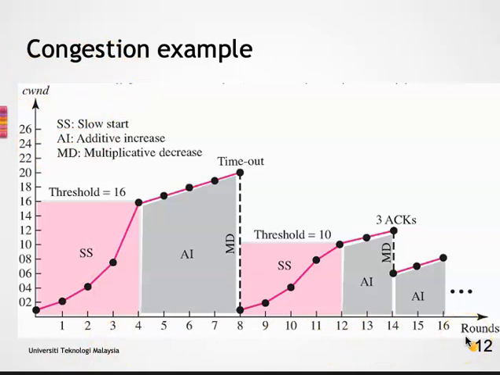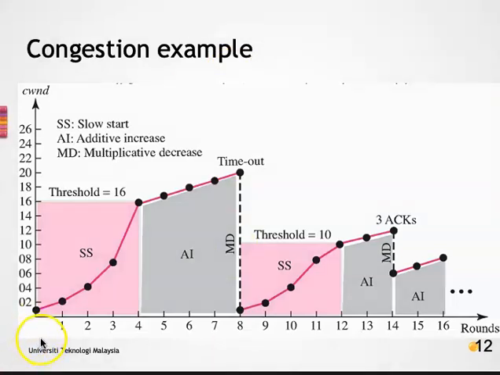Let's say here the maximum window size, which is MSS, is equal to 32 segments. This is only for this example. So this means that the threshold here is half of the MSS, which is 1/2 multiplied by 32 segments, equal to 16 segments.